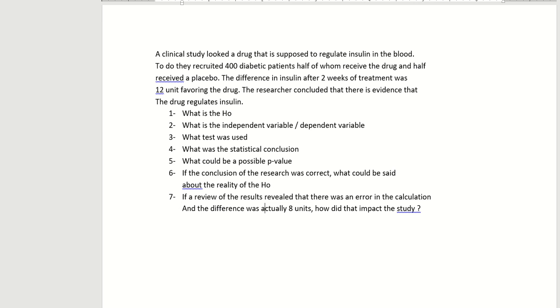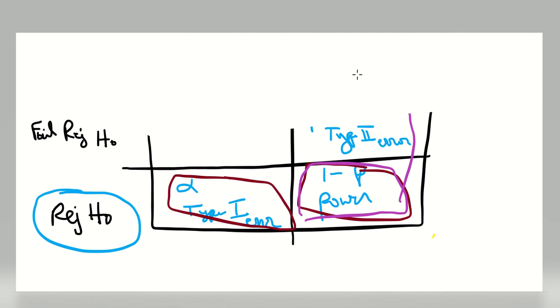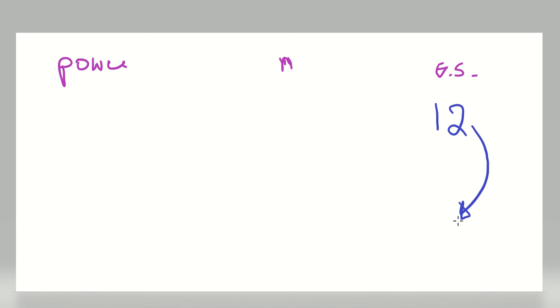Remember in our discussions, we linked 3 things to each other: power, sample size, and effect size. That 12 actually was the effect size, and it turned out to be smaller. It's 8.